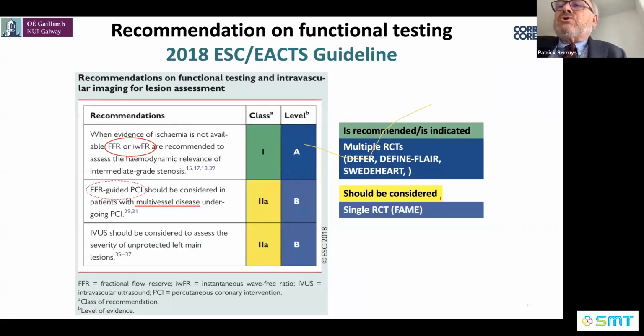Now, what was more specifically the recommendation on functional testing in the same document? It was said, and that was a 1A, that when evidence of ischemia is not available, so you're going to the lab without anything, exercise testing, PET, thallium scintigraphy, then FFR or IFR were recommended to assess the hemodynamic relevance of intermediate grade stenosis.